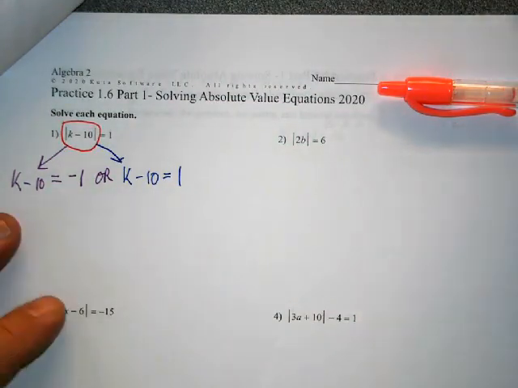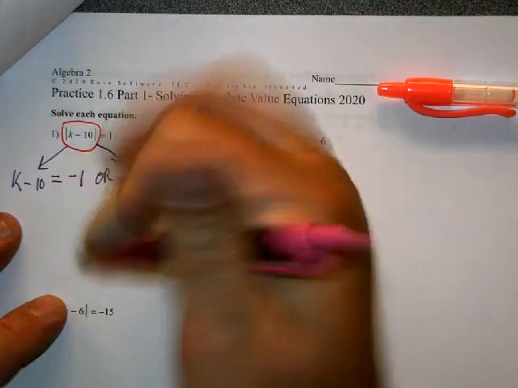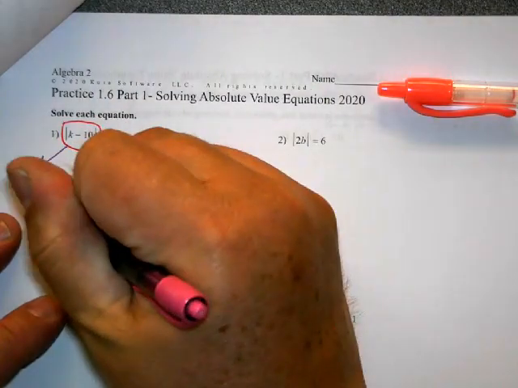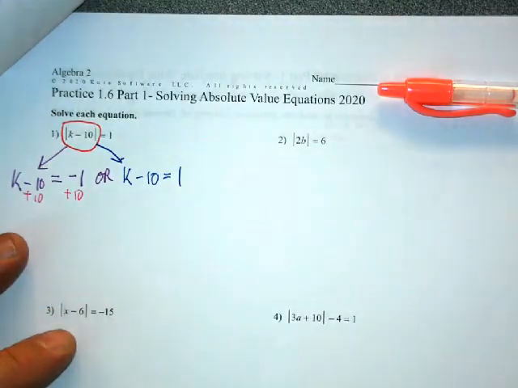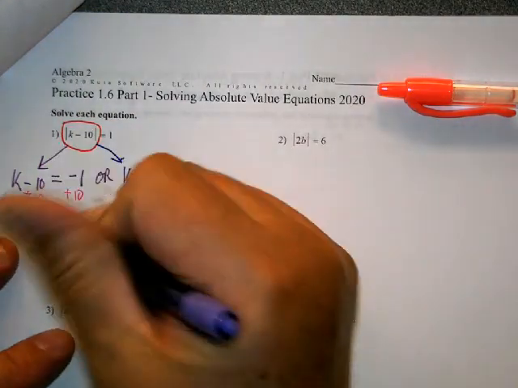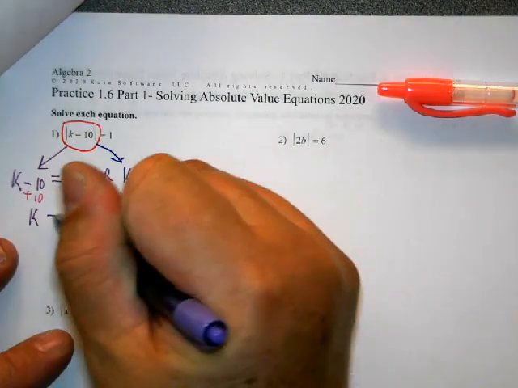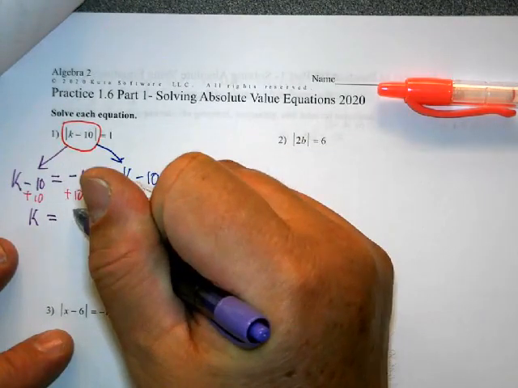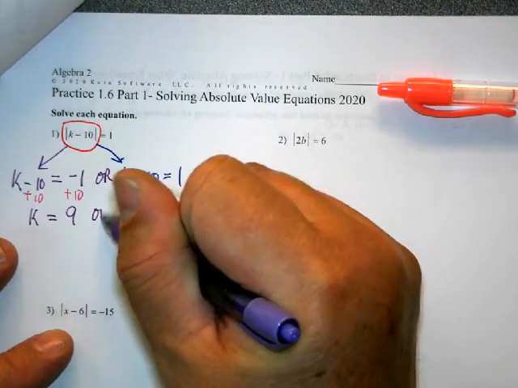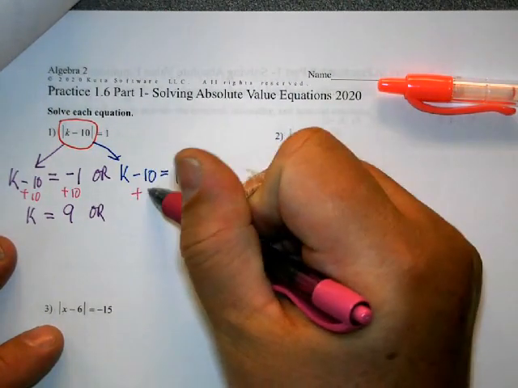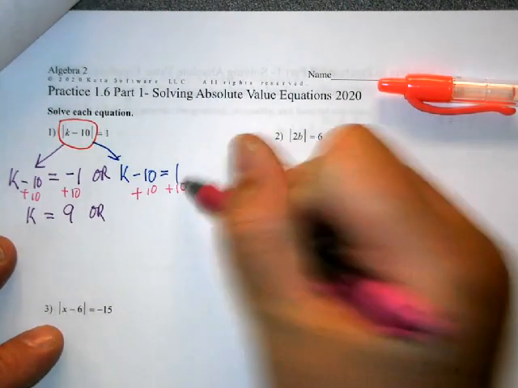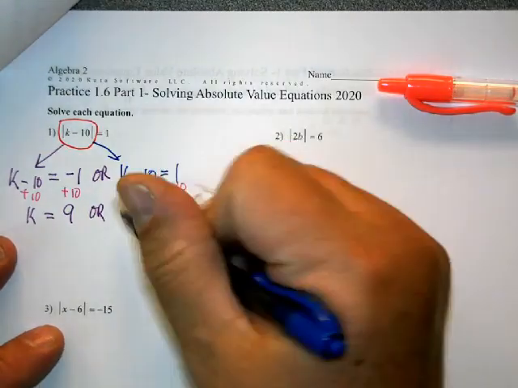You've got to solve each one separately, right? Add 10, add 10. Here we get k equals +9, or k equals 11.